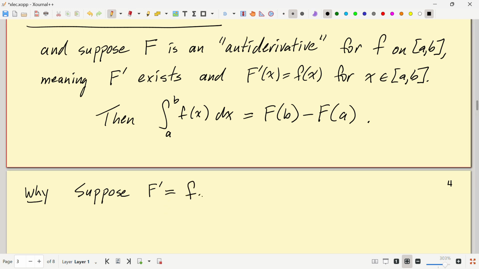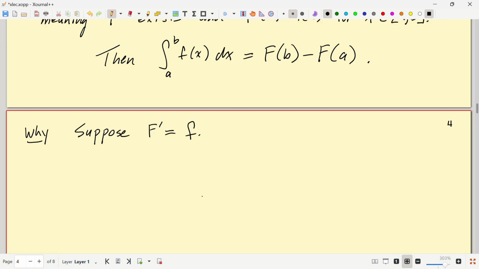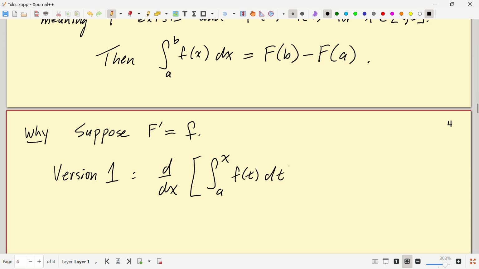Well, version 1 says we also have d by dx of this thing is also equal to f.